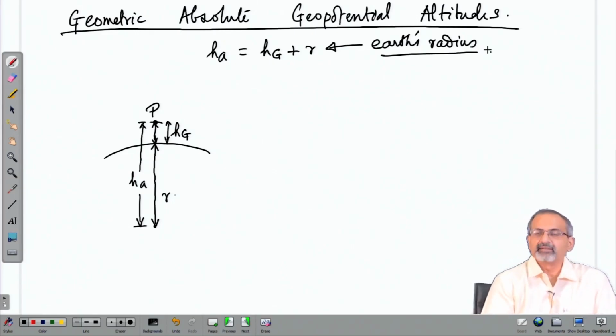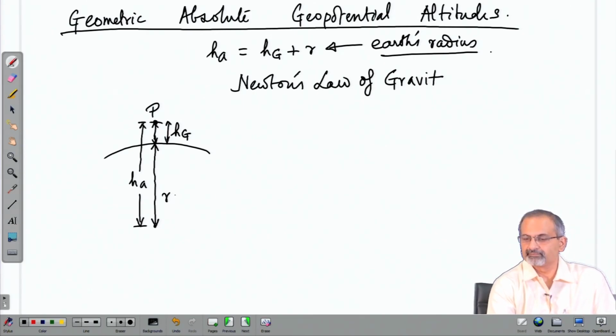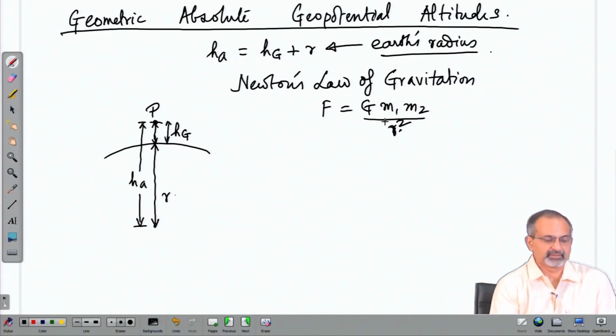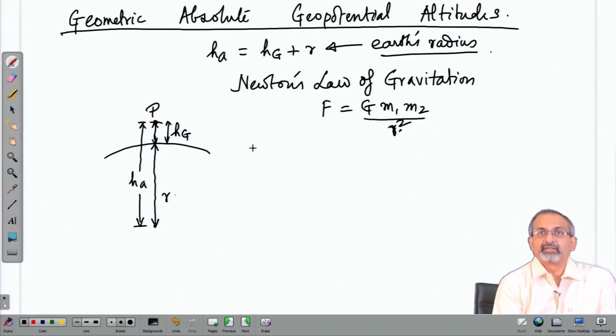Having said that, we are now going to recall Newton's law of gravitation. We remember an expression like this: F is equal to G m1 m2 by r square. We are familiar with this expression. If you were to evaluate the acceleration due to gravity on the Earth's surface, and say that it is g naught, you can show that it is inversely proportional to r square.